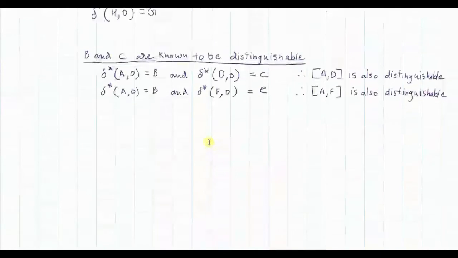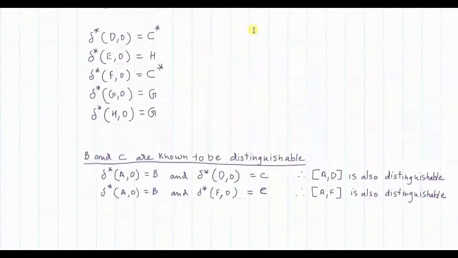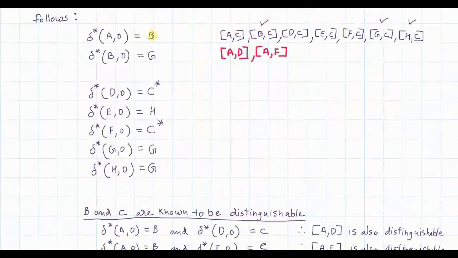For B and C these are the only combinations, because we have considered this B and this C, then this B and this C. There are no more B's and C's.